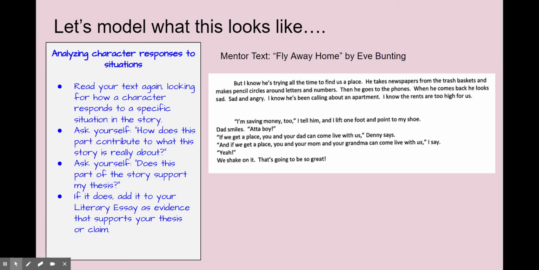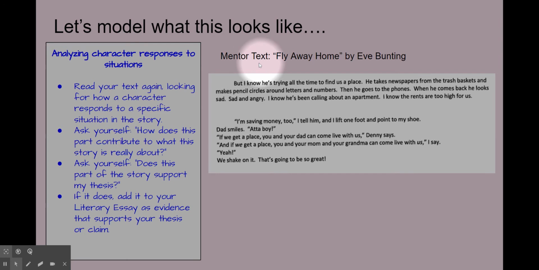Then ask yourself, how does this part contribute to what this story is really about? Next, ask yourself, does this part of the story support my thesis? And if it does, add it to your literary essay as evidence that supports your thesis or claim.